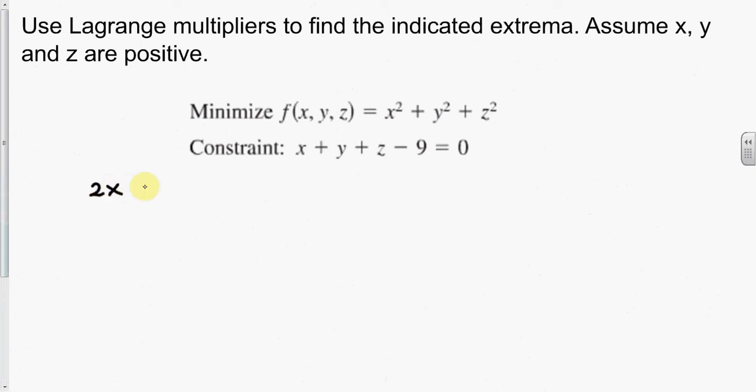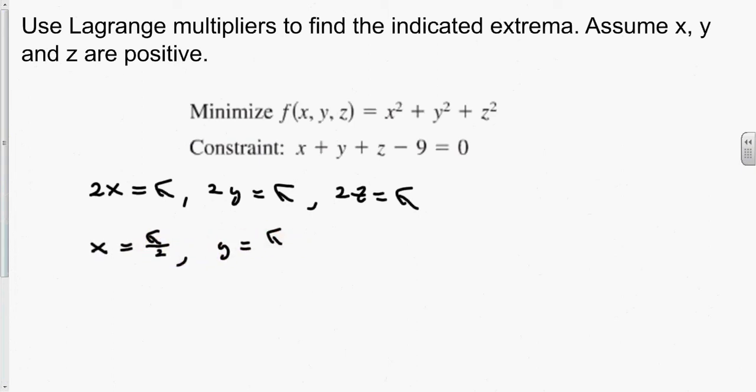I see that 2x is equal to lambda, 2y is equal to lambda, 2z is equal to lambda. Does everybody see where I'm getting at? Okay, very good. So what that implies is that x is equal to lambda over 2, y is equal to lambda over 2, z is equal to lambda over 2.